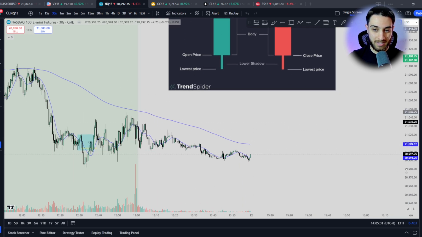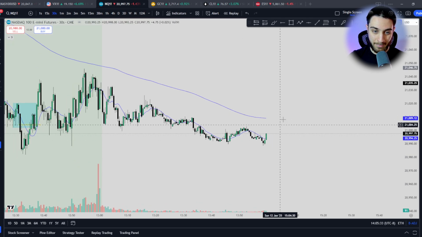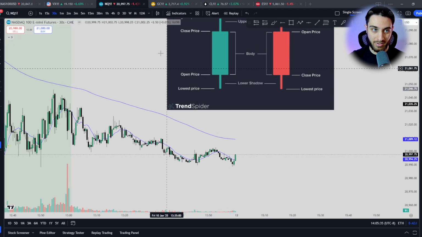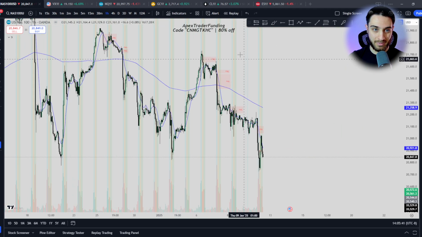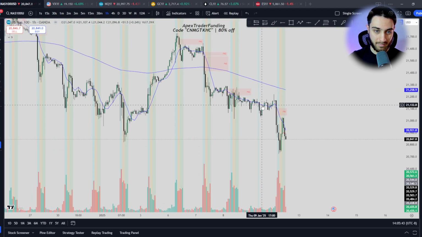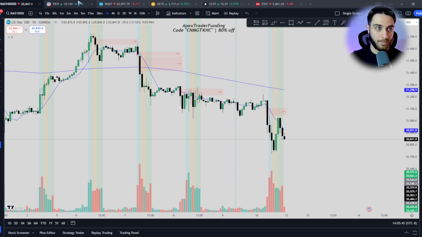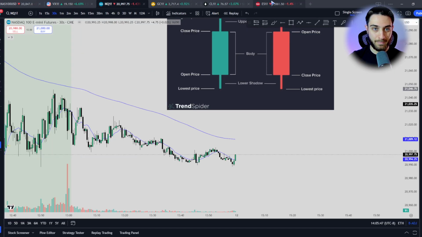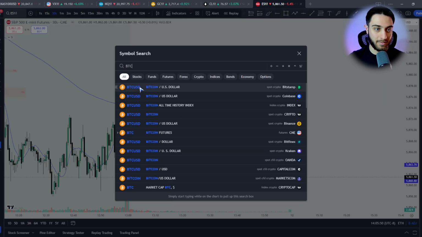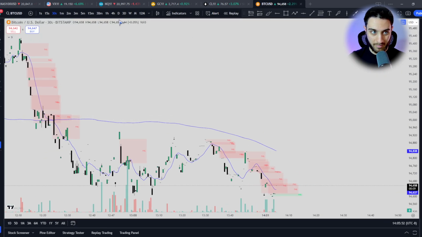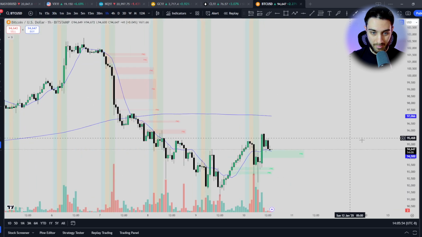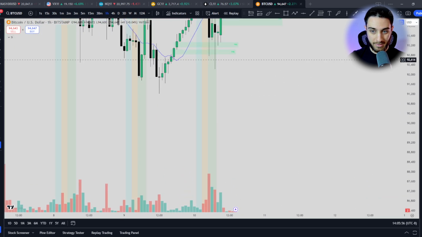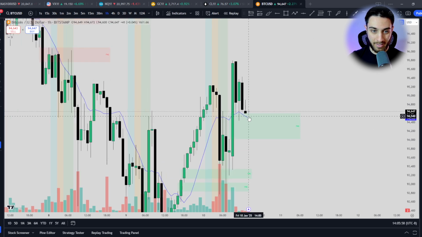Let me show you guys a live example, but I can't because the market is currently closed. Let's see if this shows any price action. Nope. Maybe we can look at Bitcoin. Okay, so this is pretty much what the candles are going to look like.